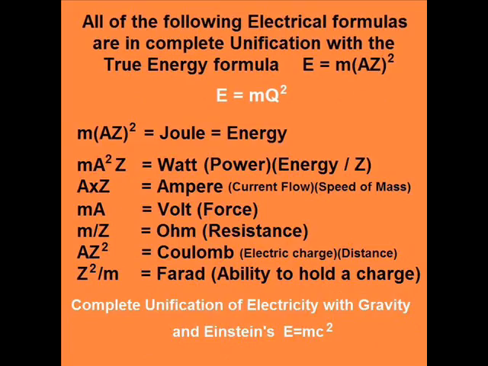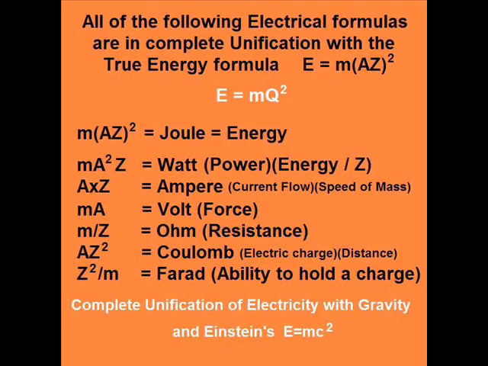And this is where the paramount proof is found. All of the following electrical formulas are in complete unification with the true energy formula. maz squared equals a joule, which equals energy. ma squared z is equal to a watt, which is power or energy divided by time.